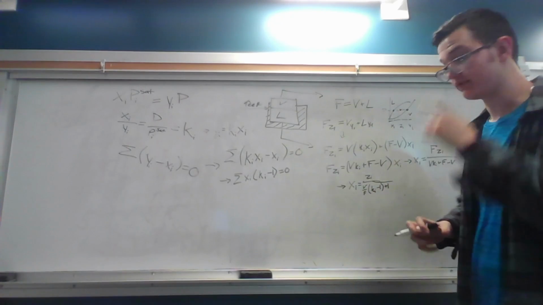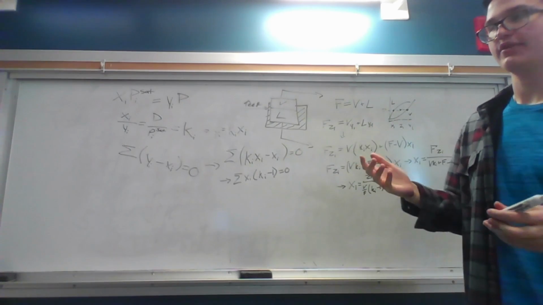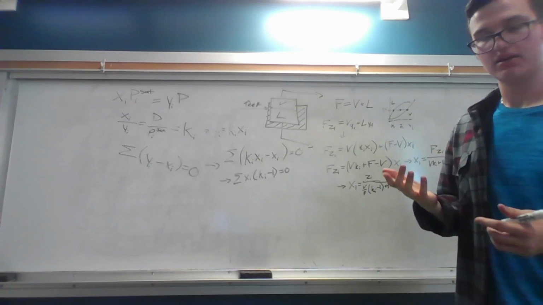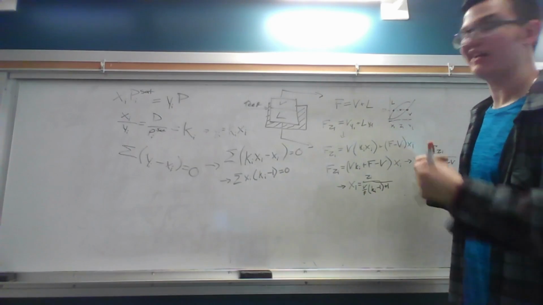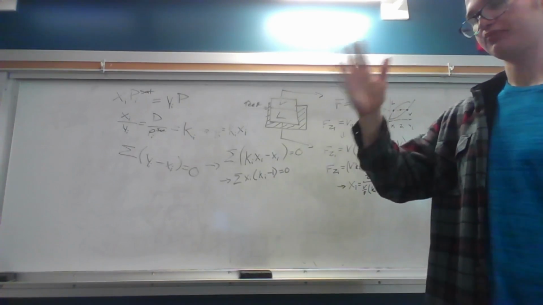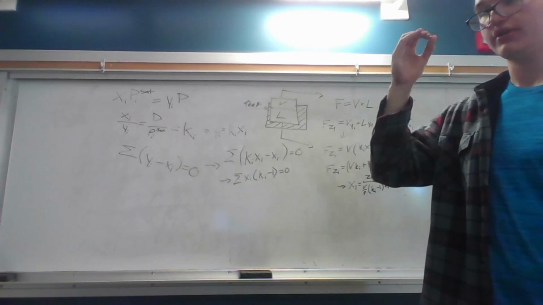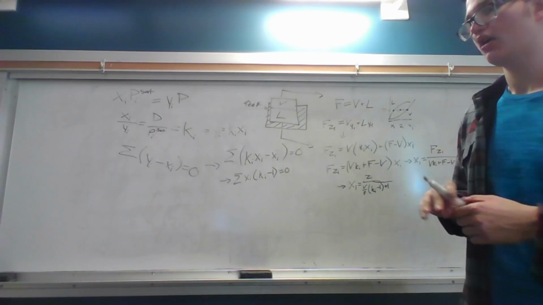V over F is our vapor fraction, the percentage of the total that is in vapor, which means that L over F would be the liquid fraction, the percentage of the total moles that would be in the liquid phase.